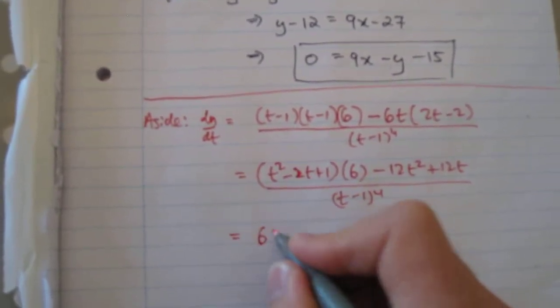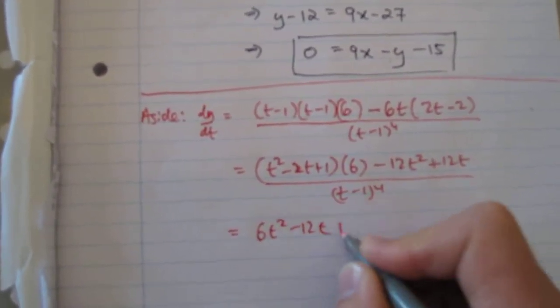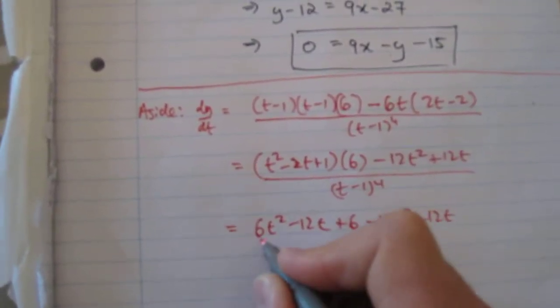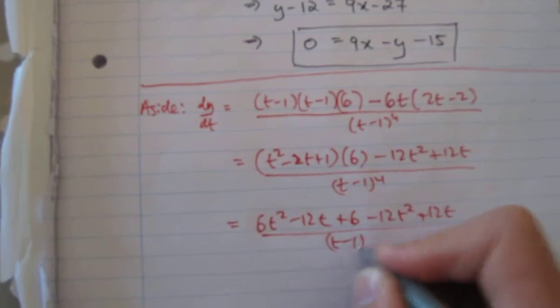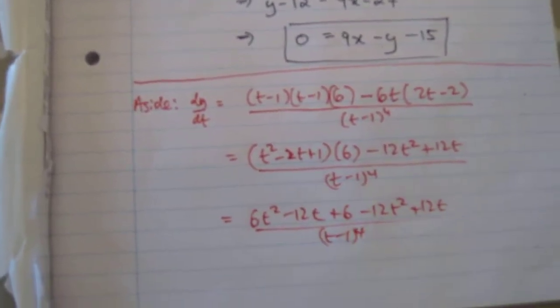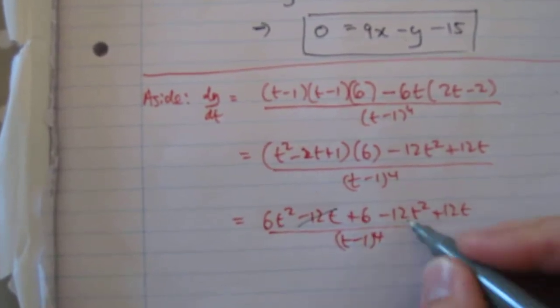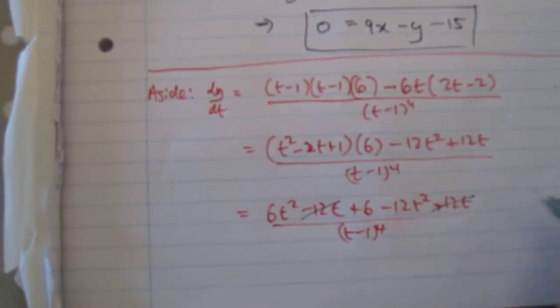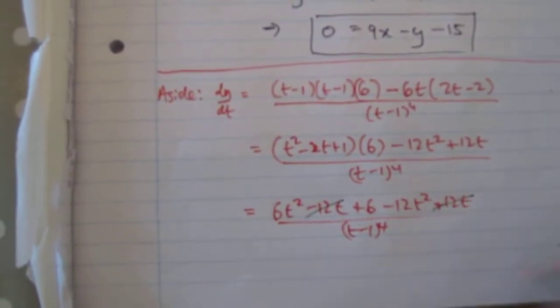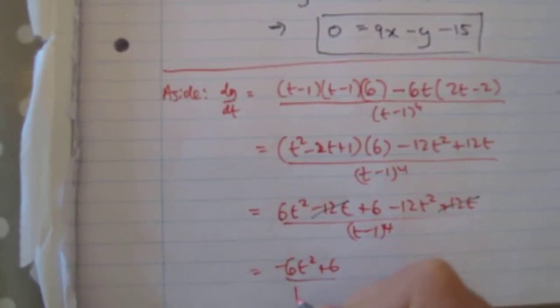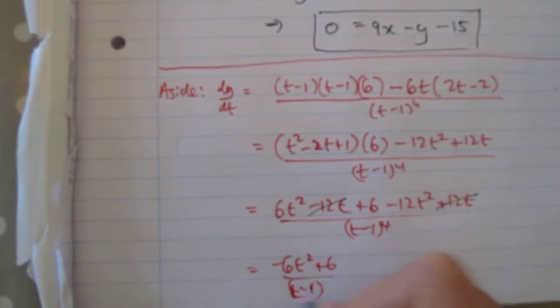When multiplying, you get 6t squared minus 12t plus 6 minus 12t squared plus 12t, all over (t minus 1) to the power of 4. Now these actually cancel. So the minus 12t and the plus 12t cancel. So I end up with minus 6t squared plus 6 all over (t minus 1) to the power of 4.